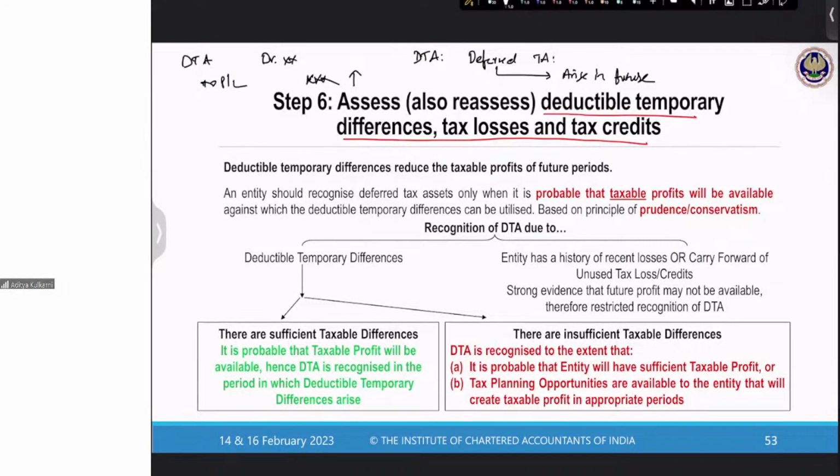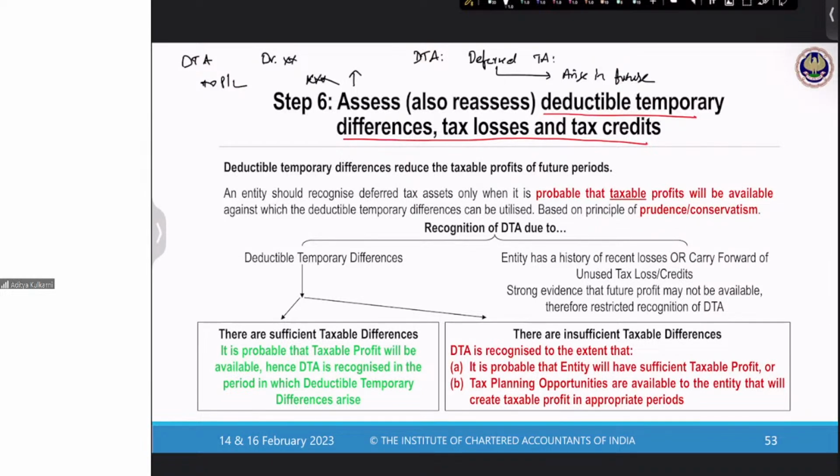If government had to allow gratuity on accrual basis, लोग धड़ाधड़ करके accrue करेंगे and they would have reduced their tax liability. So that is why government said you pay the gratuity, we will allow. So today I recognize a gratuity expense. On that expense, I'm not going to get a deduction. So therefore, I will add it back in my computation.